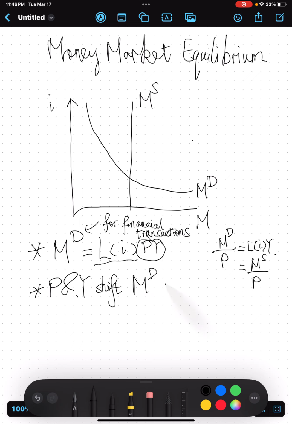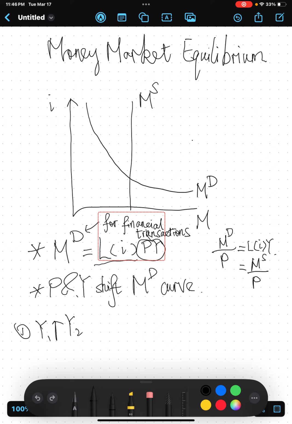Let's take one scenario, when the real income increases, say from Y1 to Y2, as the economy expands.